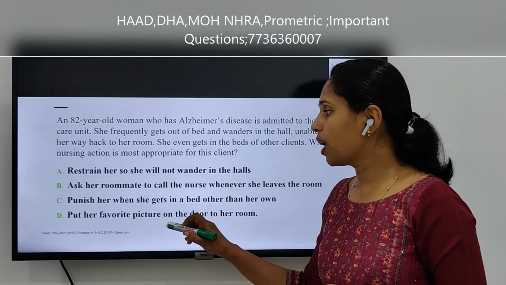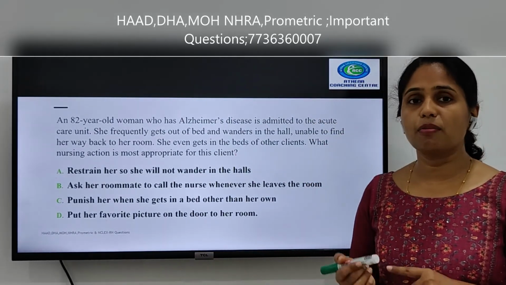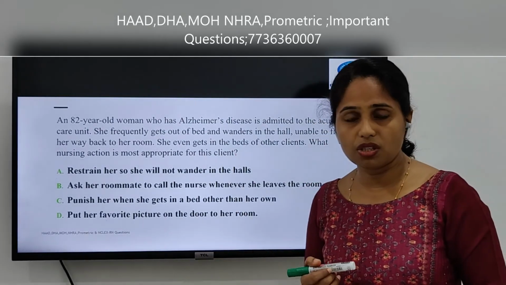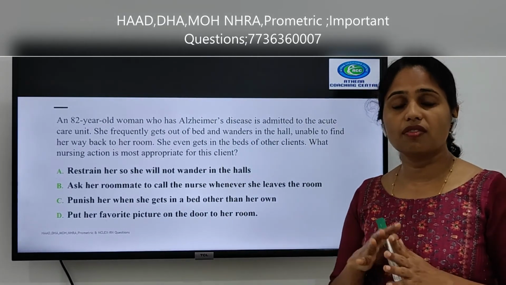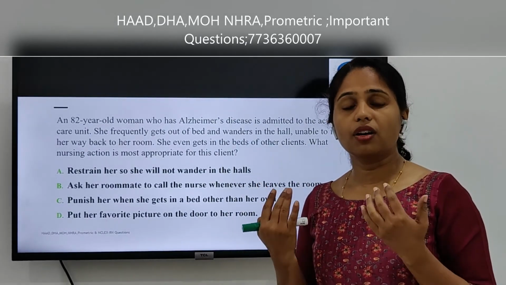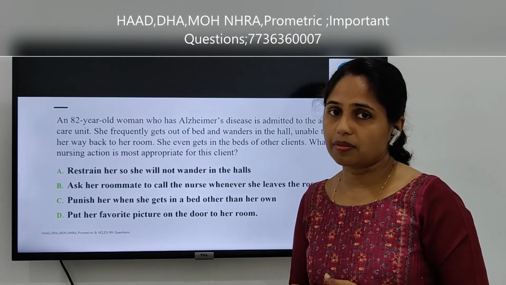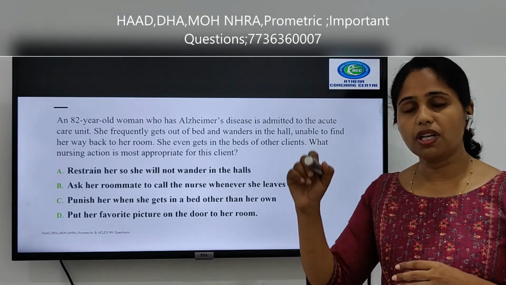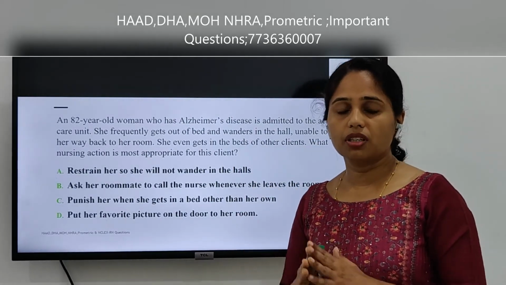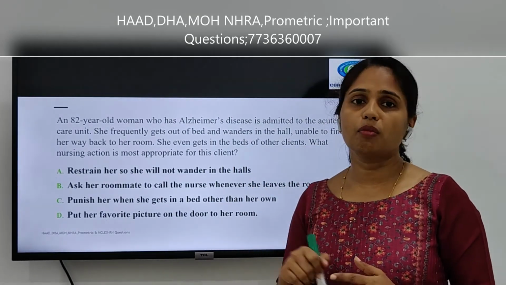So you have to orient the client by keeping a favorite picture, or you could place a calendar so that she will be able to orient regarding the time. Even place can be oriented by keeping the name of the place as a wall letter.